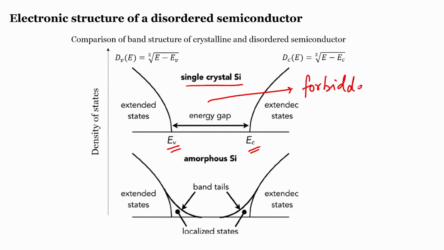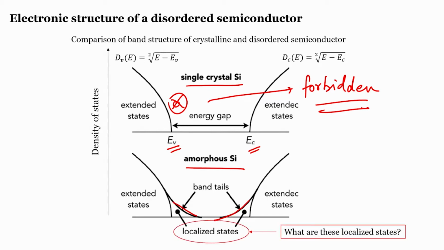There are no allowed energy levels, no states available for any charge carrier to occupy in this location. Whereas in the case of a disordered semiconductor, we took the example of amorphous silicon, and we found that there are localized states which extend into the forbidden gap when compared to single crystal silicon.